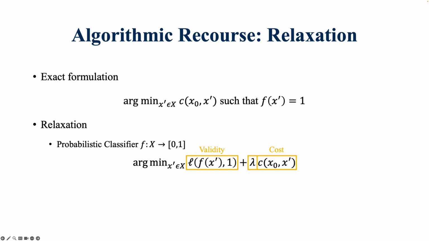And ultimately, depending on whether we use the exact or relaxed formulation, the choice of model, and the type of cost function, we end up with different optimization problems. Now I'm going to define the price of recourse as the following term. So we want to find a solution that minimizes this price of recourse.